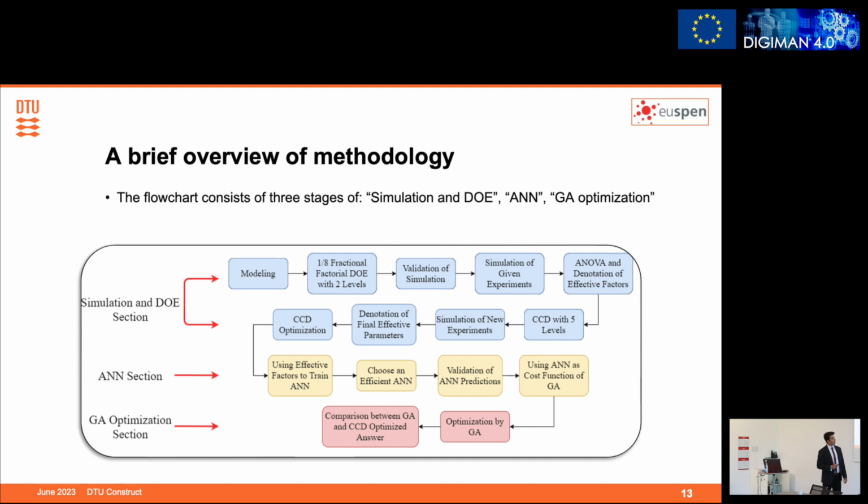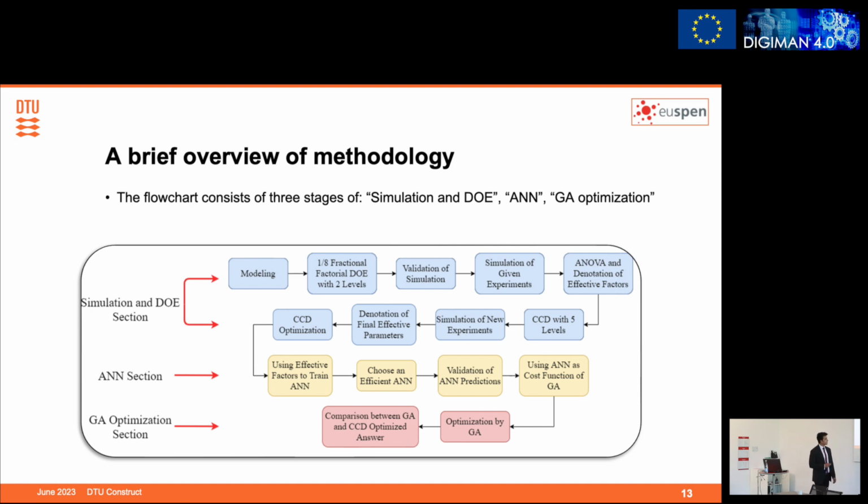So after all, we did some optimizations on the input factors. For example, if melt temperature is really effective, what amount of melt temperature can be adopted so that we can have the least flash defect.